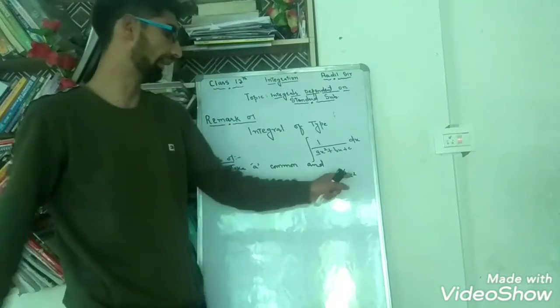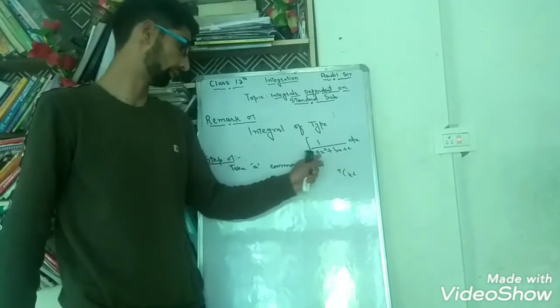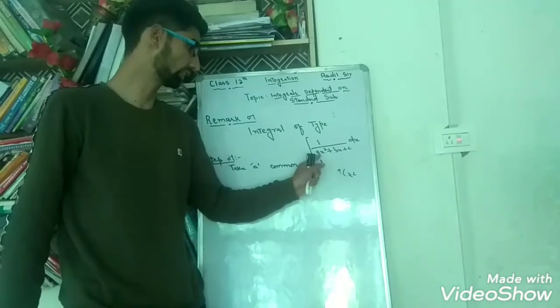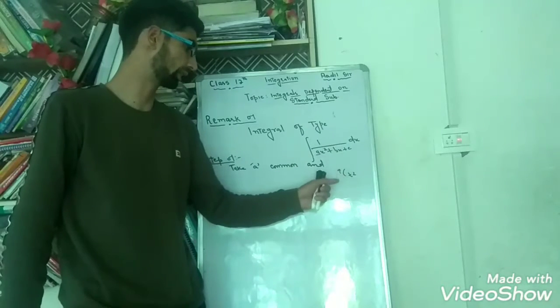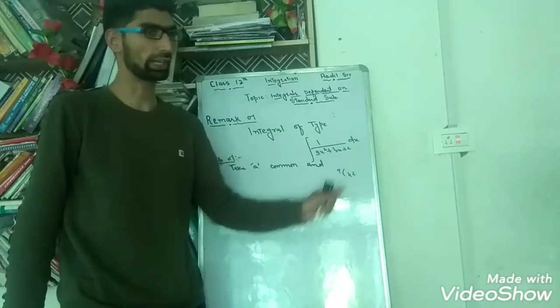Now the quotient of x square becomes unity. The quotient of x square was this a, but when we take this a as common, we will get the quotient of x square as 1.